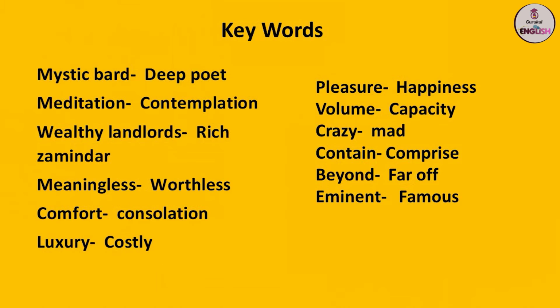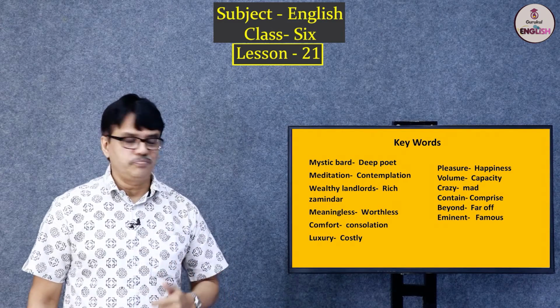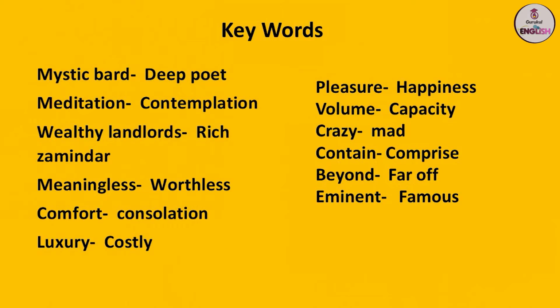Number 2, meditation. Meditation means contemplation. In Bangla, meditation means dhyan. Number 3, wealthy landlords. That means rich jamindar. Number 4, meaningless. That means worthless.